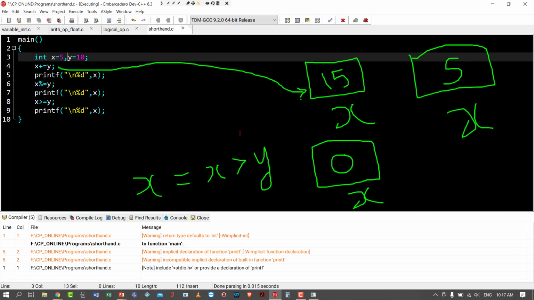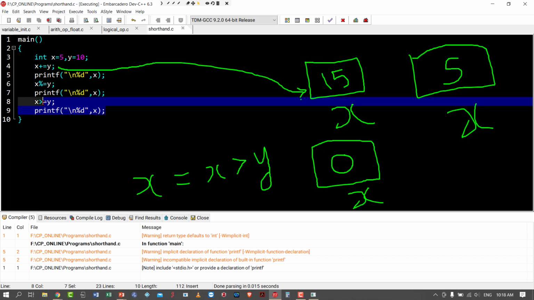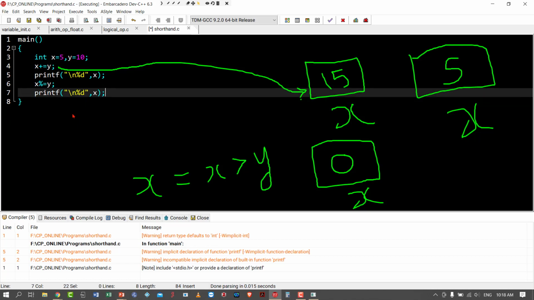So we can't apply a relational operator as a shorthand assignment operator. So this one I will refer to and say. We will discuss this shorthand assignment operator later. I'm not clear with that. I will refer to it somewhere and say.